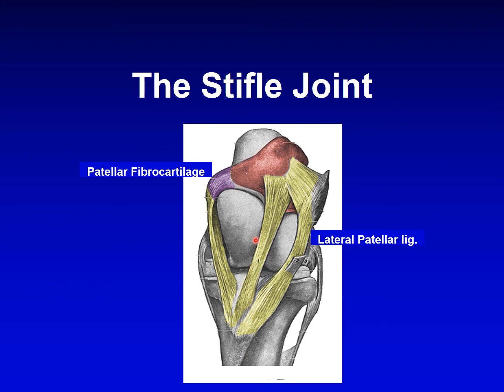So the joint can be unlocked, meaning that the stifle can be flexed, because with this position here, the stifle is going to be always extended. So, what are the structures that guard the patella?